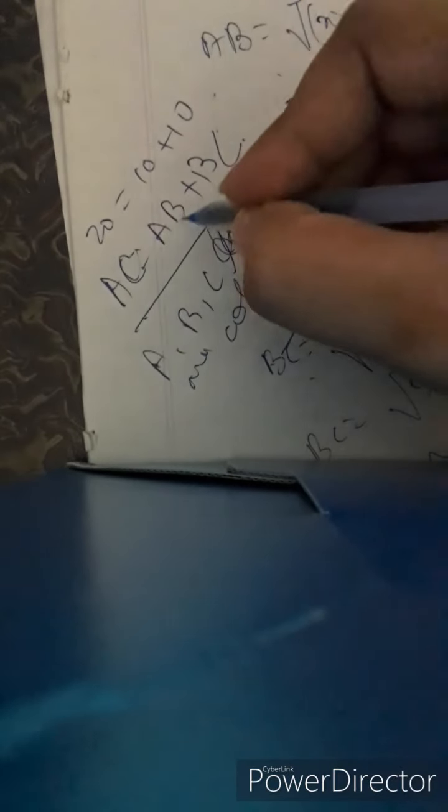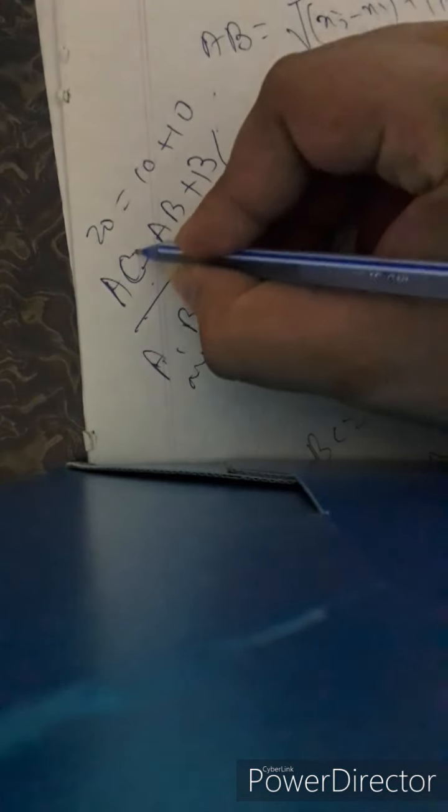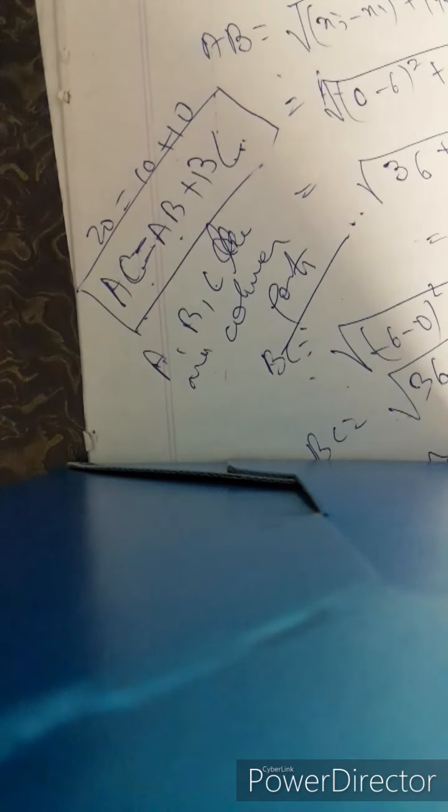By proving this relation, AC equals AB plus BC, which is very important, by the distance formula, these 3 points are collinear.